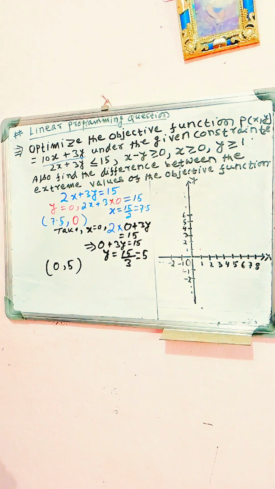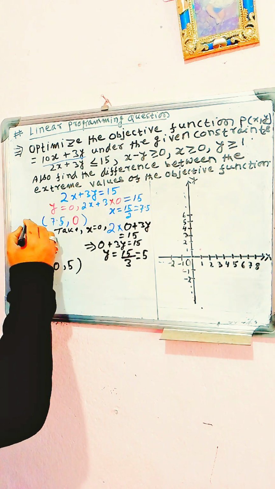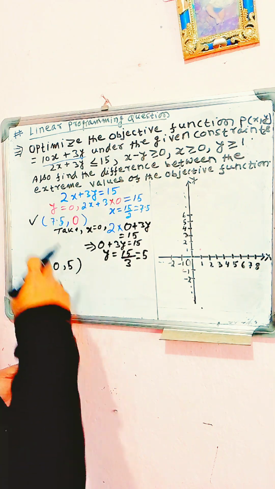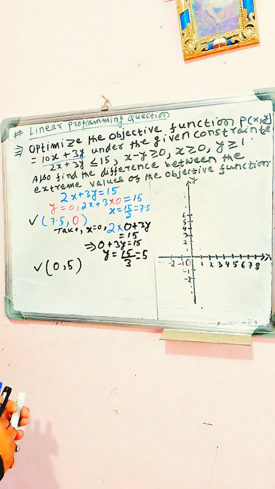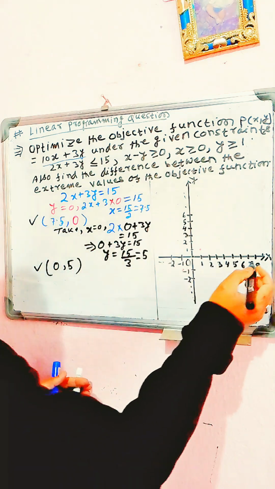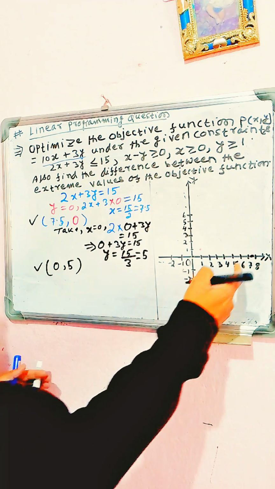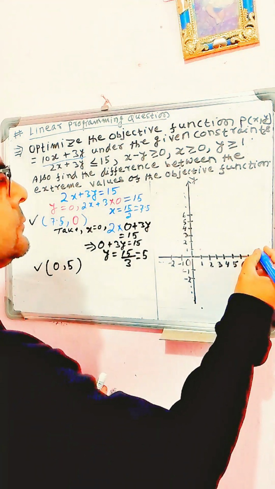Now we have two points here. The first point is (7.5, 0), and the other is (0, 5). So let's go to the graph. We mark that point: the x value 7.5 is somewhere here, and y is 0.